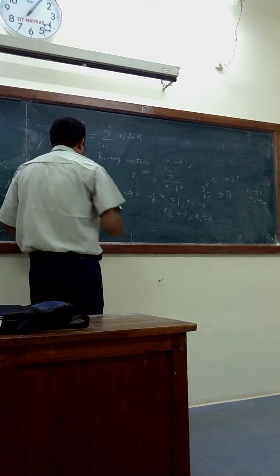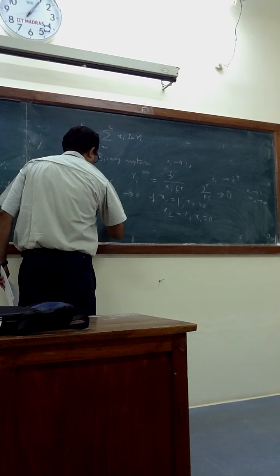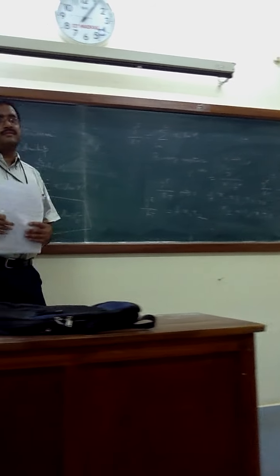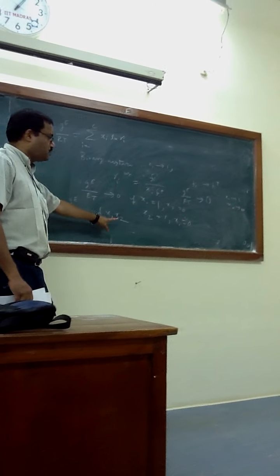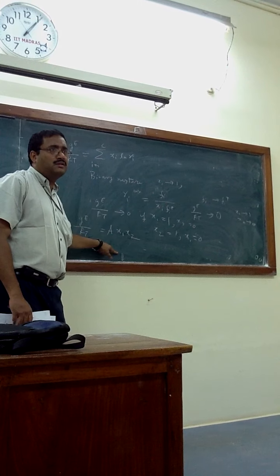That means I can write Ge/RT as something like A x1 x2. If x1 tending to 1 and x2 tending to 0, it gives Ge/RT equal to 0, so both limits are satisfied.